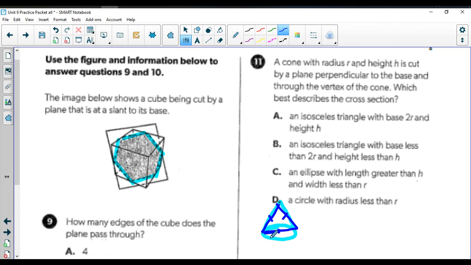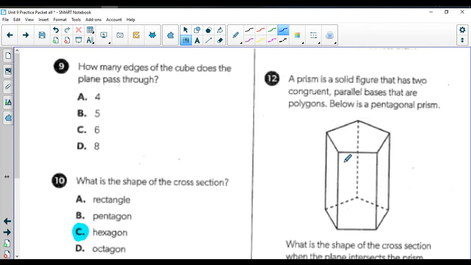It has a radius of r, so the whole entire bottom is going to be 2r. So the h is going to be the height that's in here, so that's going to happen right here. It is an isosceles triangle, and the base is going to be 2r, so that is going to give us letter choice A then.